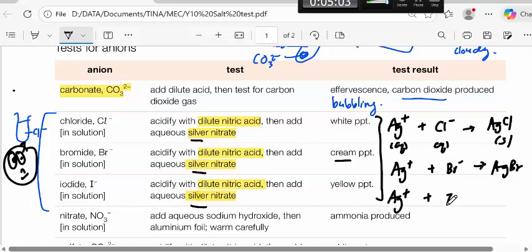Silver plus iodide gives silver iodide, which is yellow.